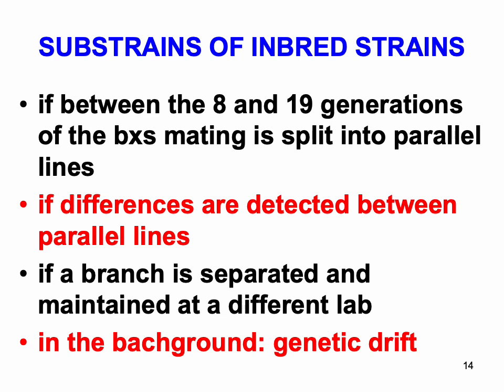Or if differences are detected between these parallel lines, or if a branch is separated and maintained at a different laboratory or site, in the background is a genetic drift, and the genetic material will be a little bit different.